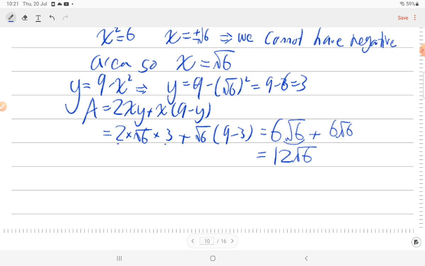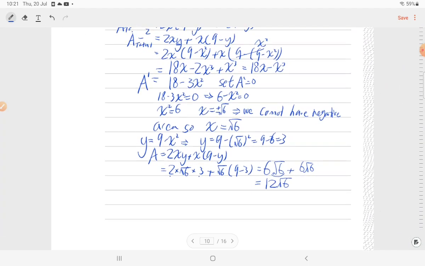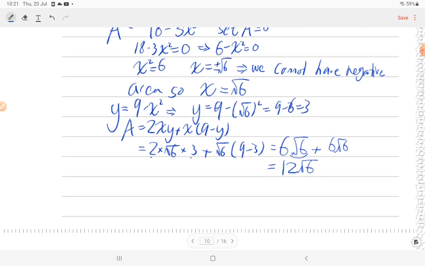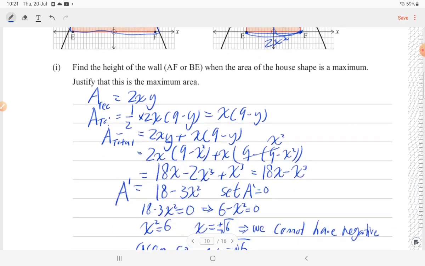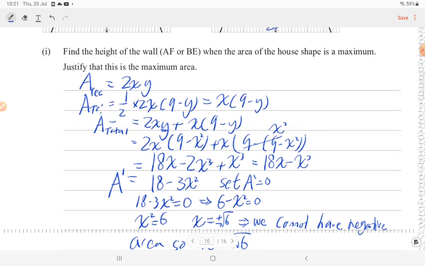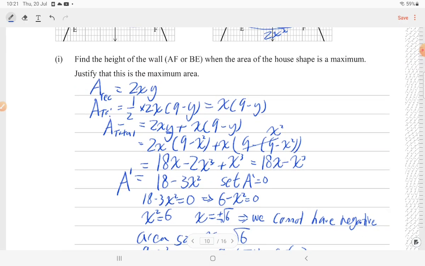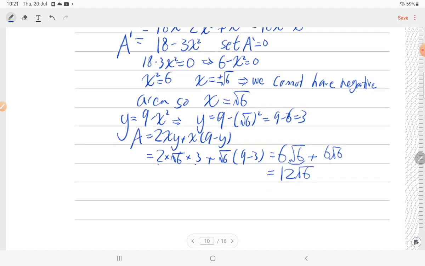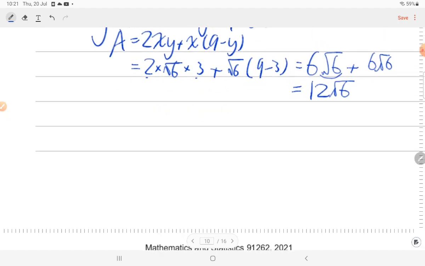So although we found a stationary point, this could be a minimum area, so we need to justify that this is a maximum area. For justification, we can do the second derivative test.